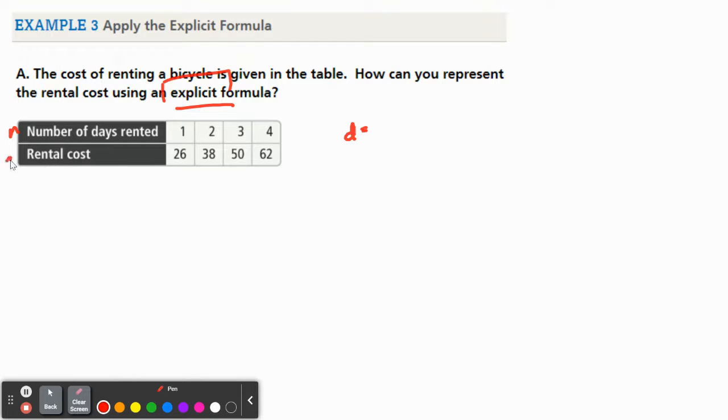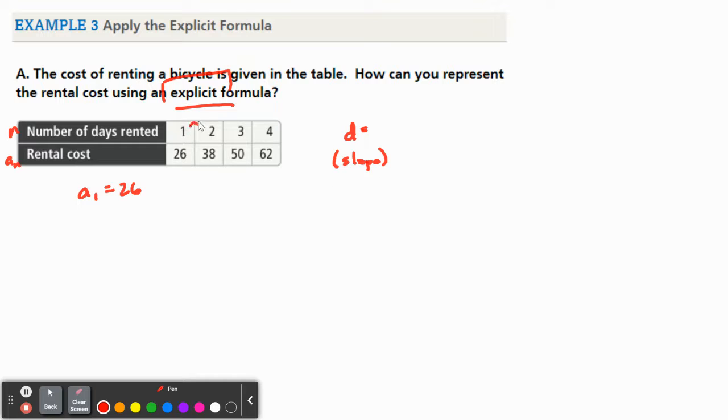The rental cost is going to be our term value, a sub n. So the first term is 26. So we look at our table, and just like we did in 3.2, we're going to find the differences. And you can see that this d is very similar to what we use as the slope. So we're going to make that connection.